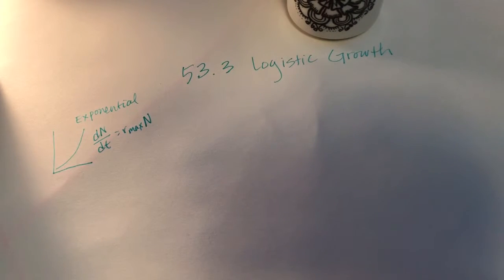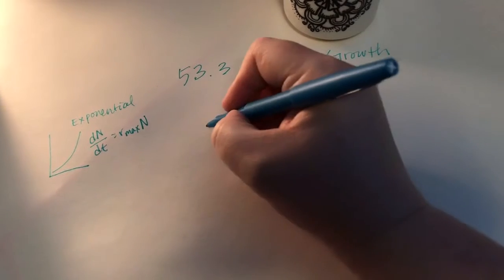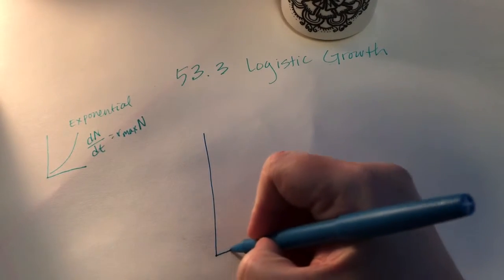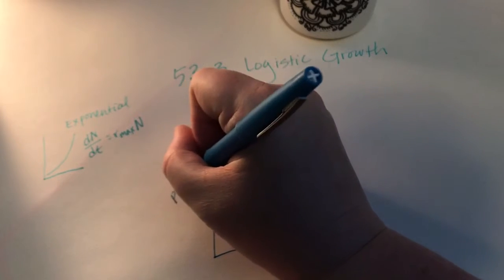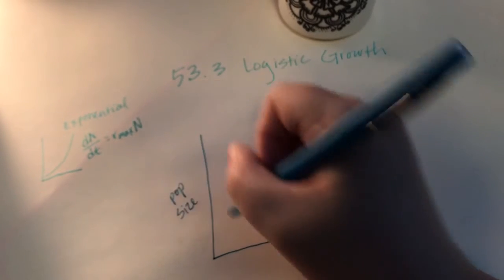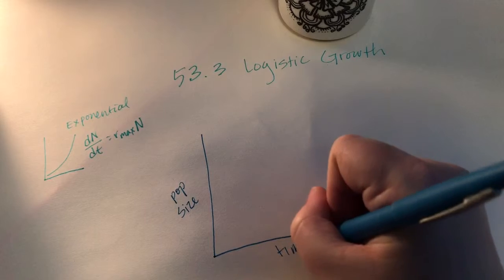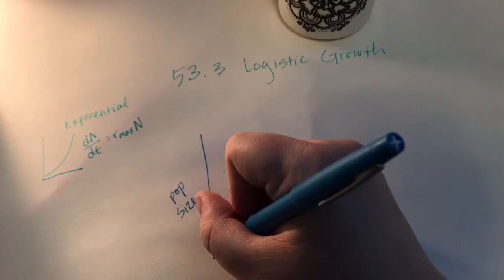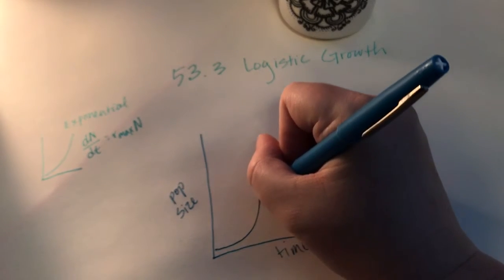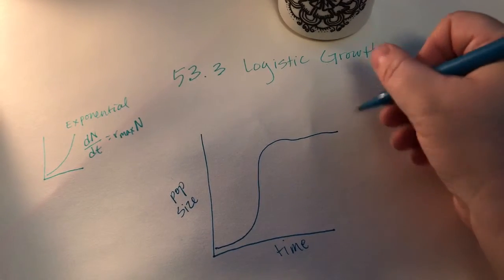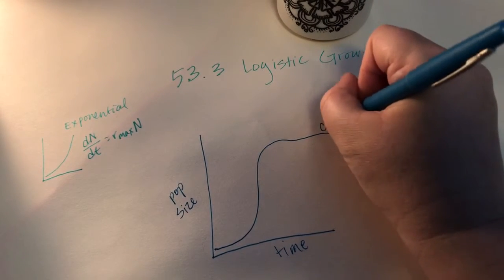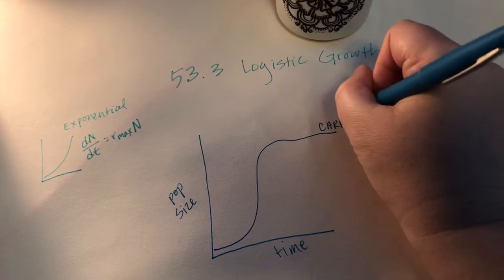So, what we're going to have instead is when we graph population size with time, we initially get exponential growth, but then it levels off. This leveling off is called the carrying capacity.